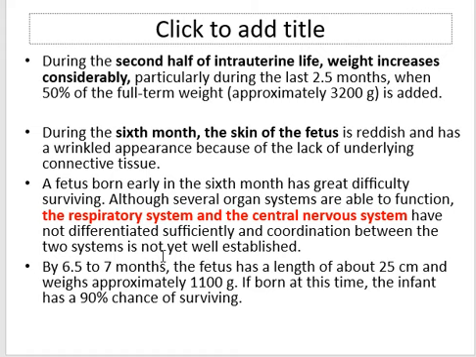But by 6.5 to 7 months, if it is born, then it can survive due to the coordination of the respiratory and the central nervous system. But at the age of six months, it is not sufficiently differentiated and there is no coordination between the respiratory and central nervous system.